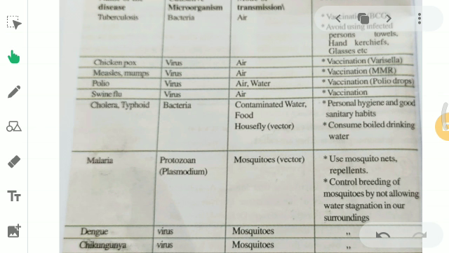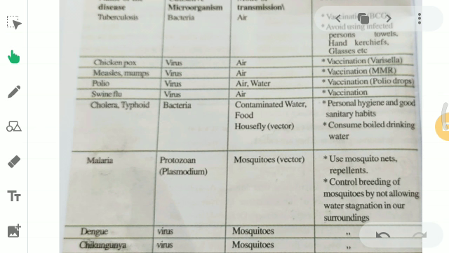For this discovery, Dr. Ronald Ross got the Nobel Prize in 1902.